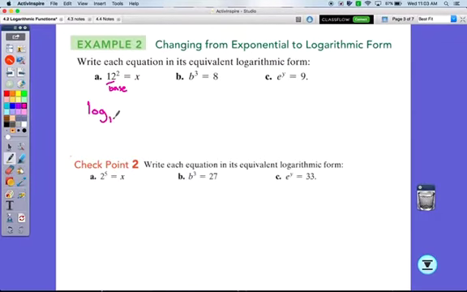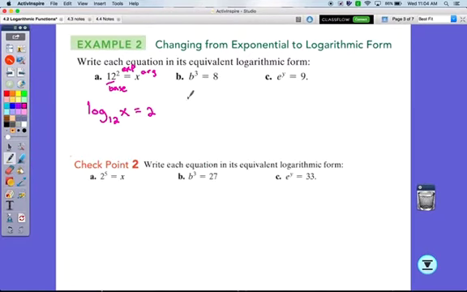So log base 12. Then the number on its own is the argument, which goes inside the log, so it's log base 12 of x. And the answer to the log is the exponent, so 2. So base, then the number by itself, the argument, and then the answer is the exponent.